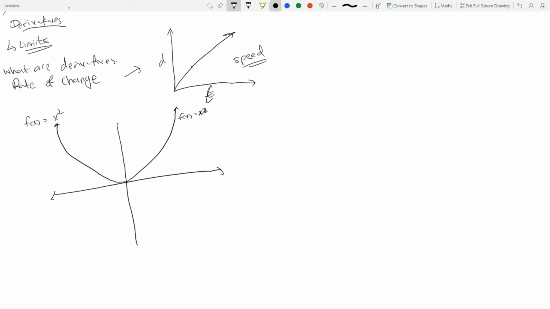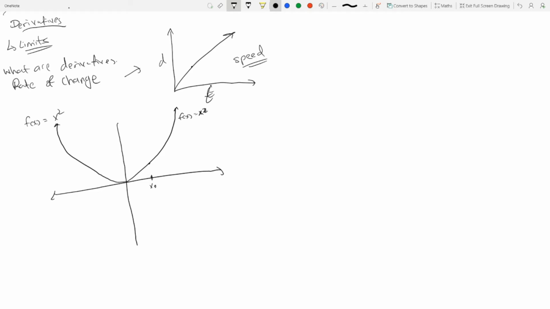All right, if we wanted to find the slope at one single point, because that's the rate of change, right? At one point, how would we find that? That is the derivative. How do we find the slope at one point? Let's say this point was called x naught.